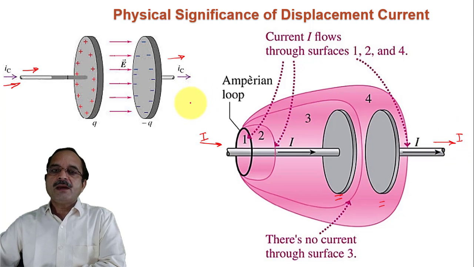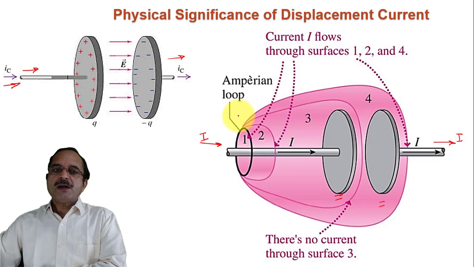Now if I apply Ampere's circuital law to different surfaces, for example, 4 types of surfaces are represented in this diagram. Surface 1, this is surface 2, surface 3, and this is surface 4.